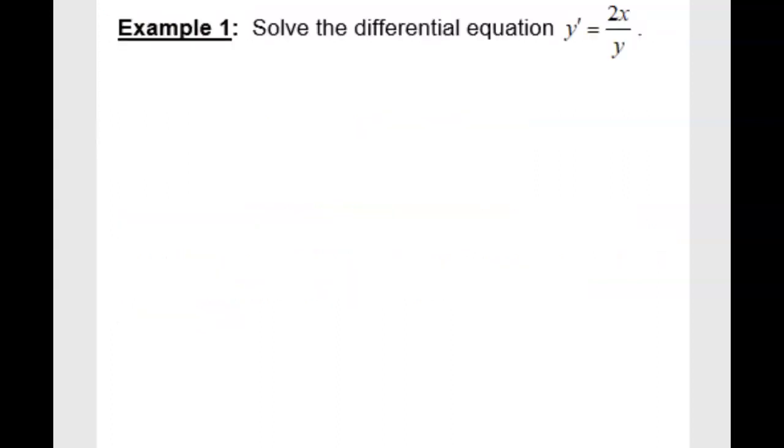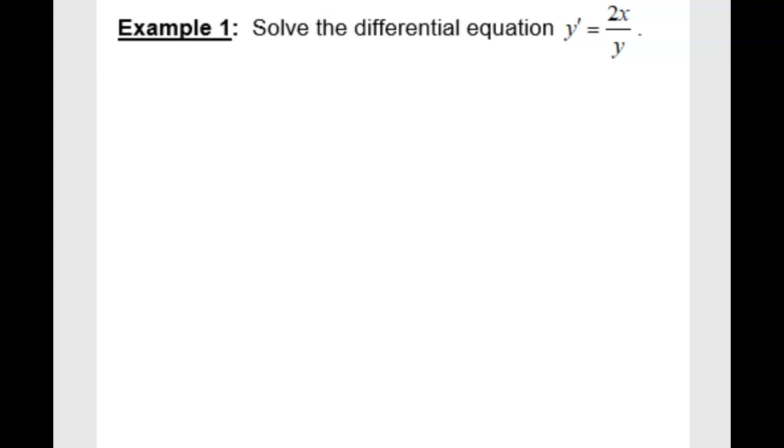On the AP, there's typically a free response question every year that is a slope field. It has some variation of a problem that looks like this. It'll say, solve the differential y prime equals 2x over y. So now I have multiple variables. I have y's and x's.